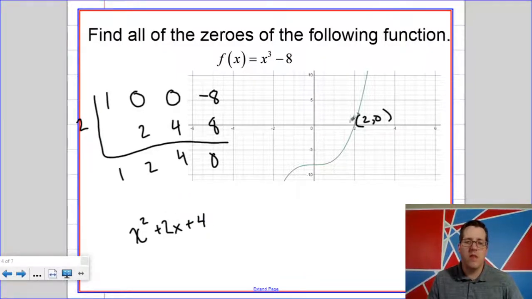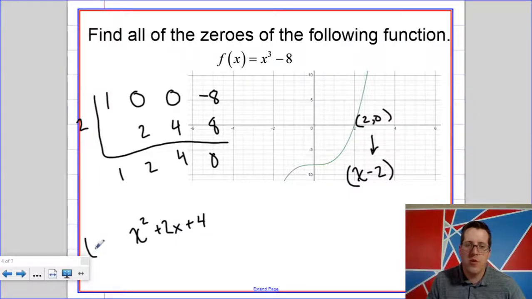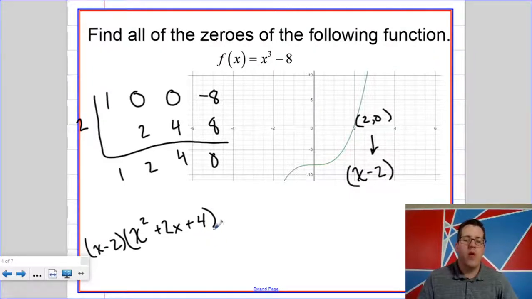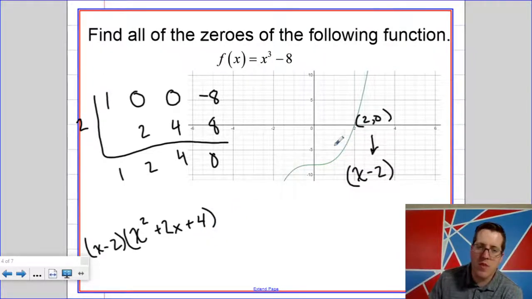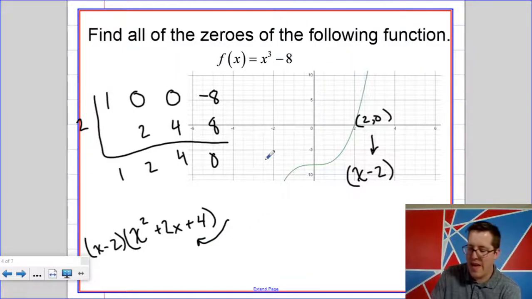Which means that since this would give us a factor of x minus 2, the original function could factor to this. Now, why don't I see any more zeros? Well, it's because this doesn't have any real zeros.